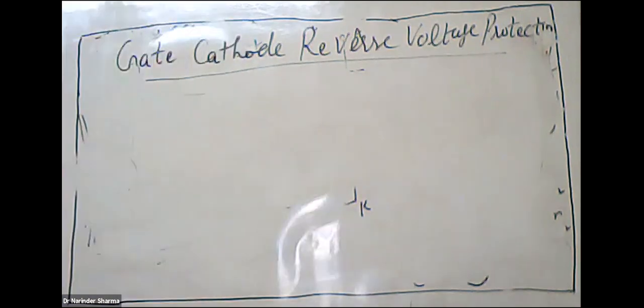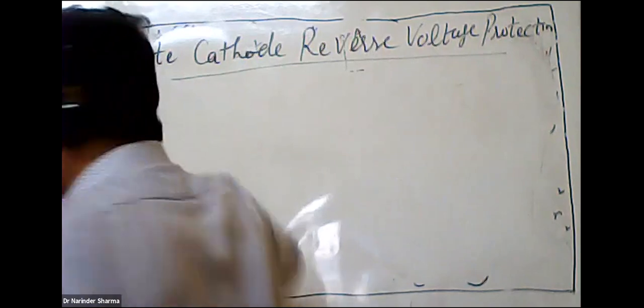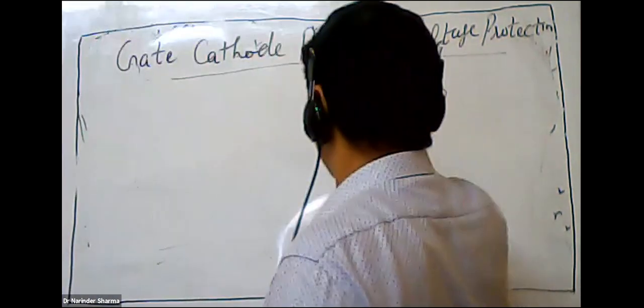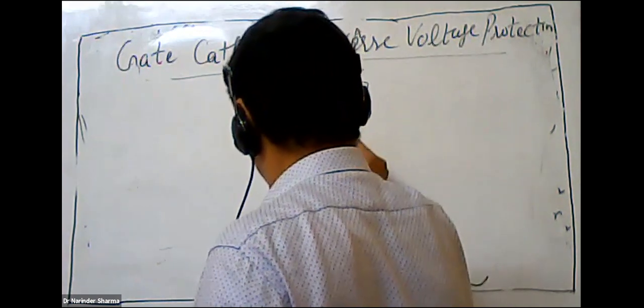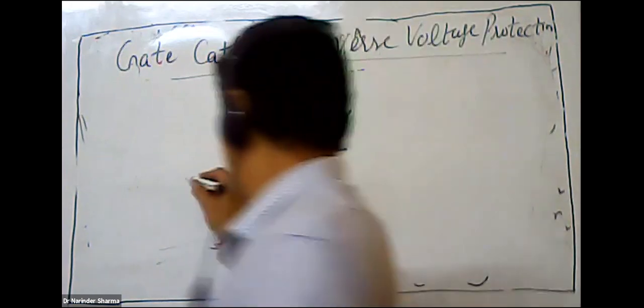For the protection, we will use a diode with the gate of the SCR. This is the SCR, this is its gate.